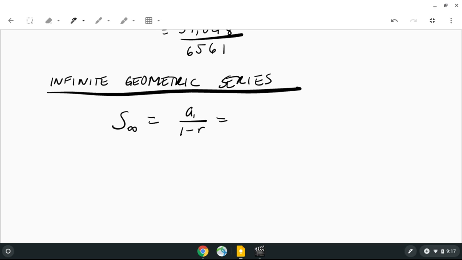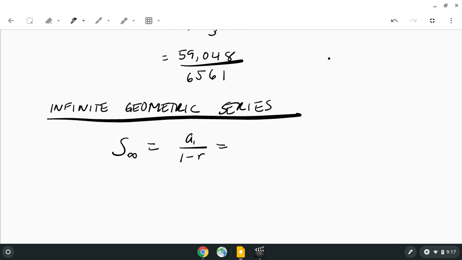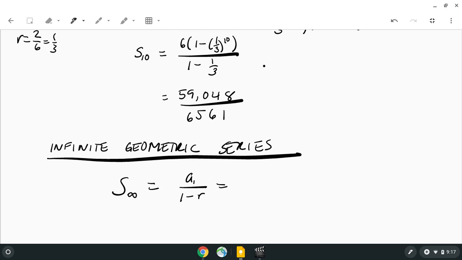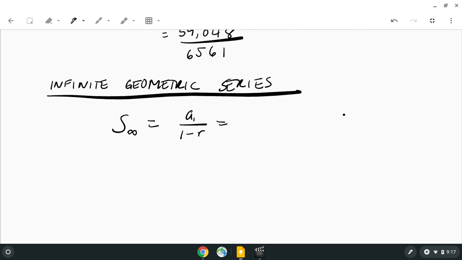If it's written in sigma notation, this formula is much easier to use. There are no exponents compared to the one over here, where you'd have to work out 3 to the 10th power. So over here, a much simpler formula. If you see it in sigma notation and it's an infinite series, you won't be ending at some number like 50 for finite, the first 50 terms.